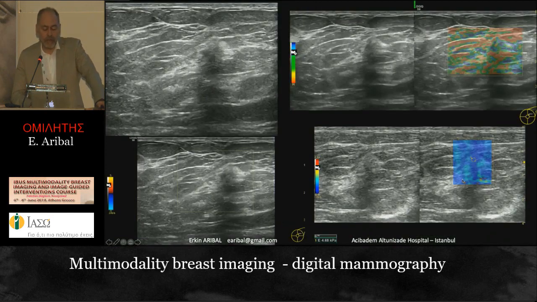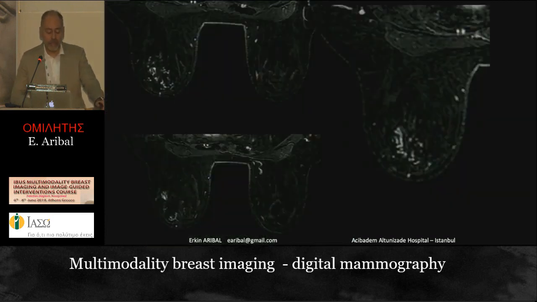And on MRI, this is the suspicious lesion that we detected on ABUS, and we have found it on ultrasound. It was one part of the DCIS. It was a very large DCIS. Here you see it, but on mammogram it was a very small calcification focus.